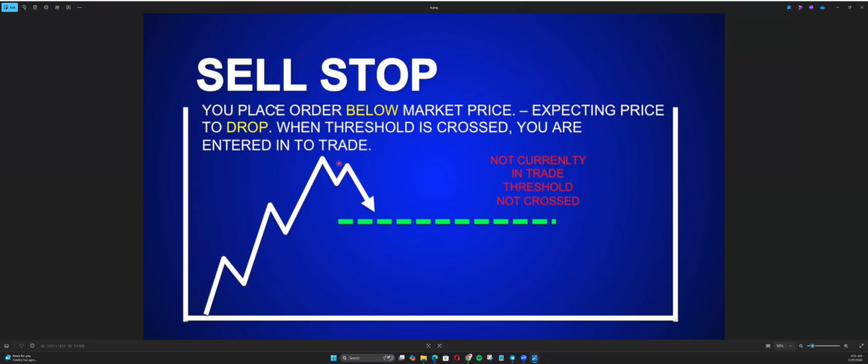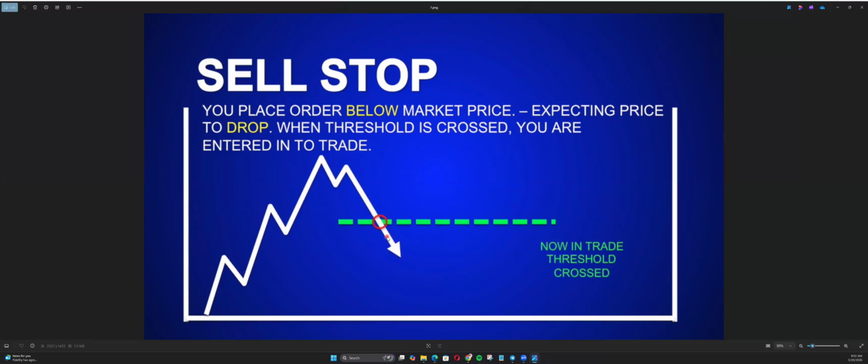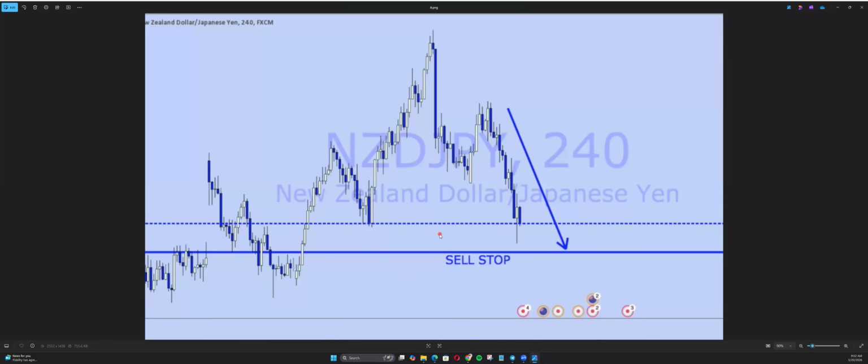You place a sell stop order below current price, so that once price crosses it, you are entered into the trade in anticipation that it will keep selling. That's why they call it a sell stop order.